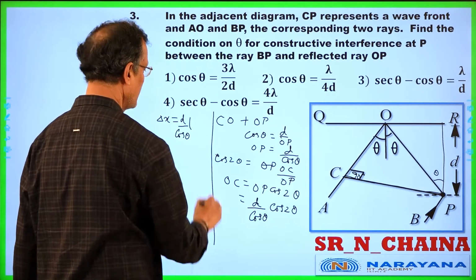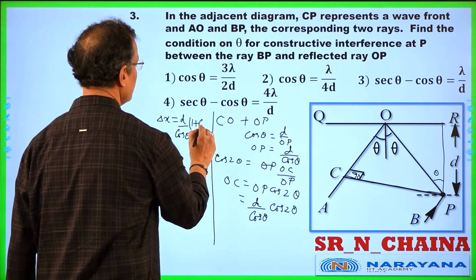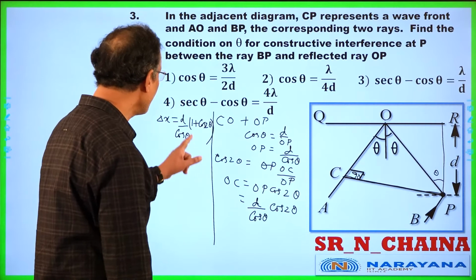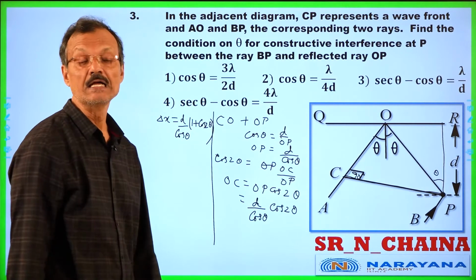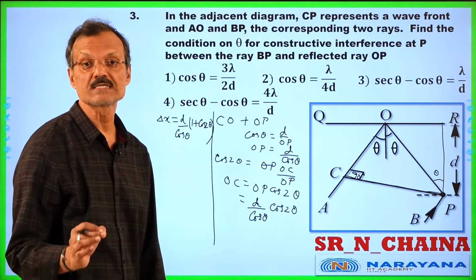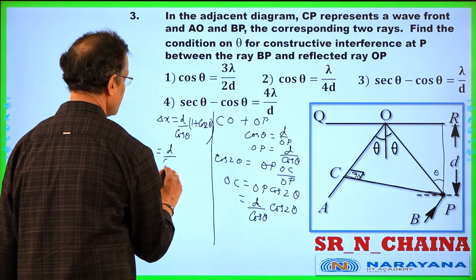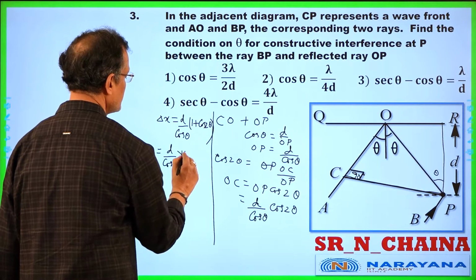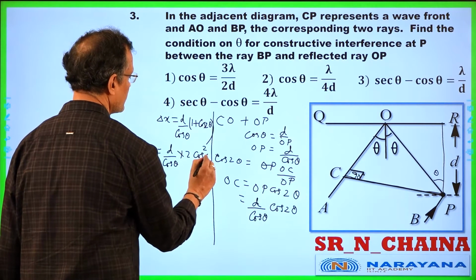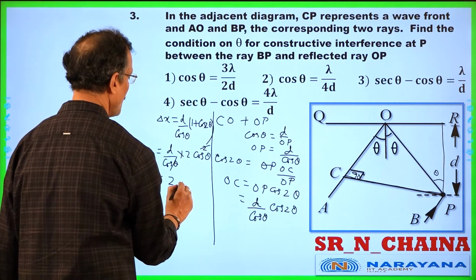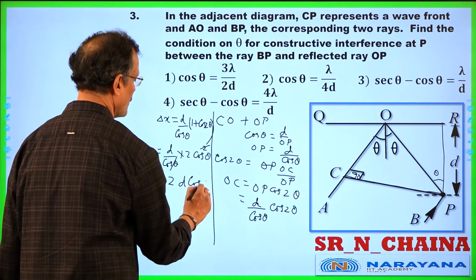You will have 1 plus cos 2 theta. 1 plus cos 2 theta will become 2 cos square theta. So D by cos theta times 2 cos square theta. One cos theta cancelled. You are getting 2D cos theta.